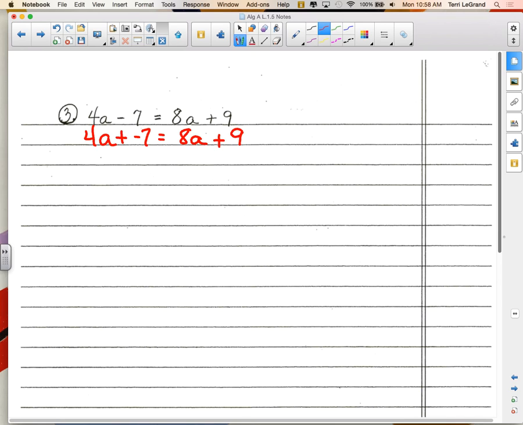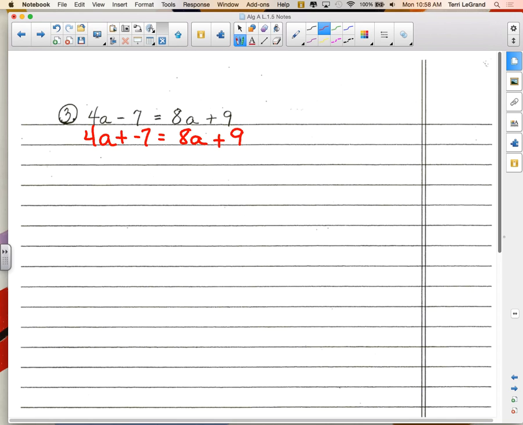Can we get rid of them on the left side? We can. Now, here's what happens. You get to make the choice. Everybody gets to make their own choice on this. Holly says she wants to get rid of them on the right side because then she'll have variables on the left side where she likes them.